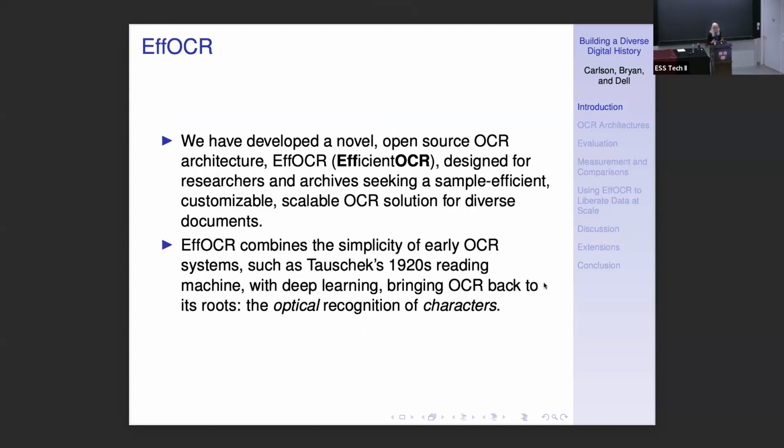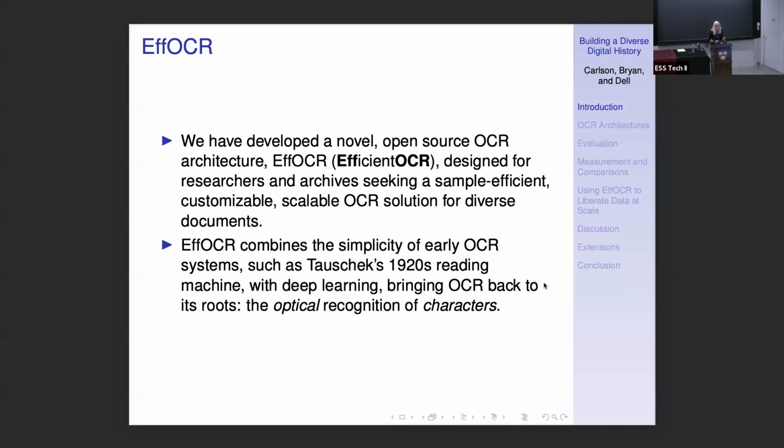And so what we've done is to develop a novel open source OCR architecture called efficient OCR, or FOCR for short, which is designed for researchers and archives who are seeking a sample efficient, customizable, and highly scalable OCR solution for diverse document collections.